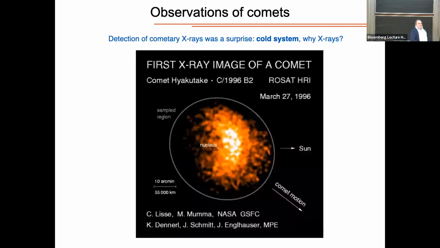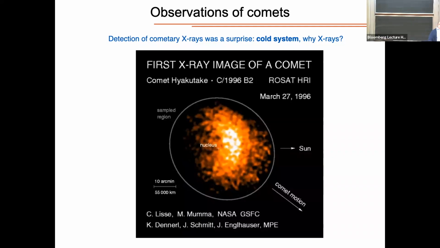Would you dare to take a satellite, an X-ray observatory, and ask the team to look for X-rays from a comet if it's 20 Kelvin? No. Several proposals, not a couple, were declined because of that. But at some point, these great people actually decided to orient ROSAT and observe a comet.